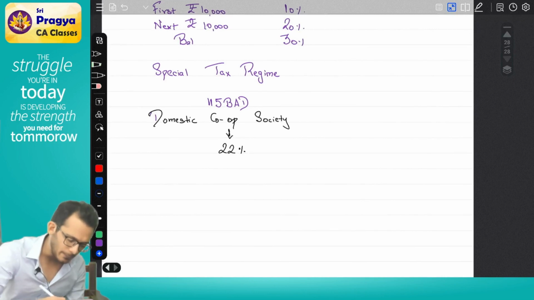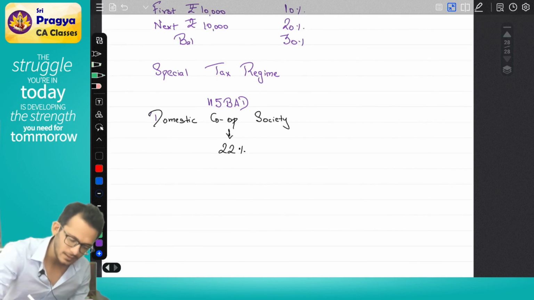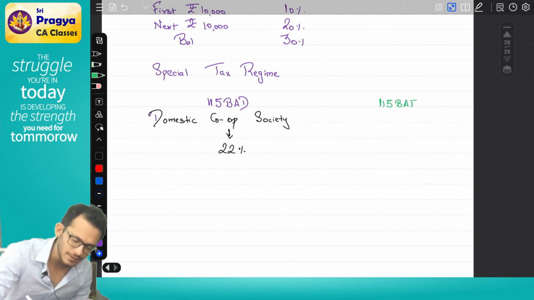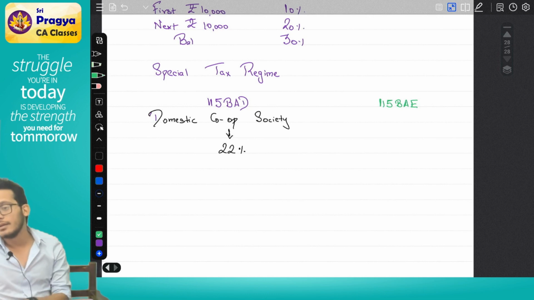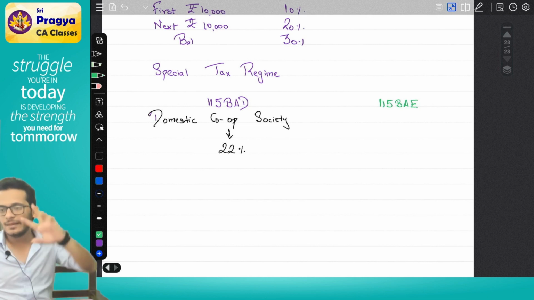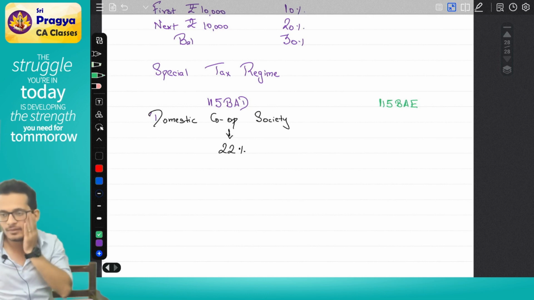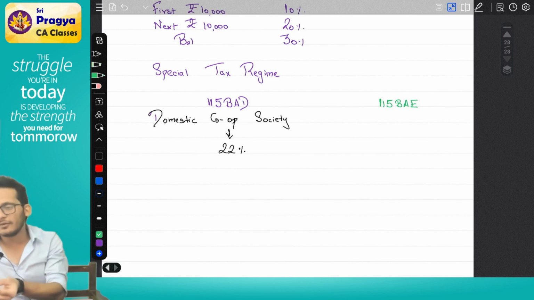Next is an amendment for the current year. People went to the department and said, dear sir, you gave me 115BAD at 22%, same as 115BAA. If you are giving so much benefit to manufacturing, give me also that benefit.